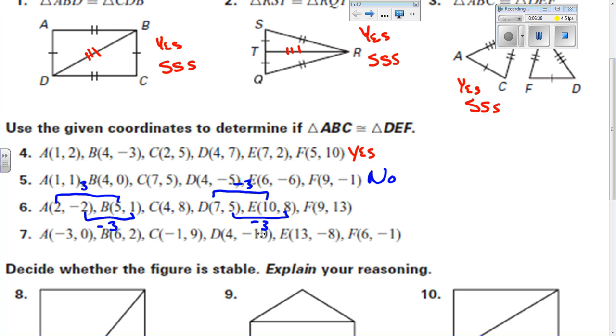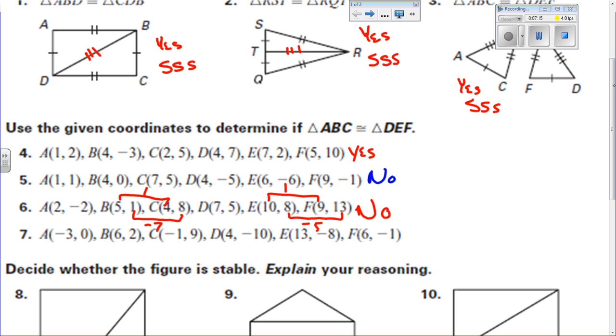So it'll be 3 and 3, and 3 and 3. So far, so good. Let's check BC and DE. BC is 1, and 1 minus 8 is negative 7. And EF is 1. 8 minus 13 is negative 5. Different numbers, so it's a no.